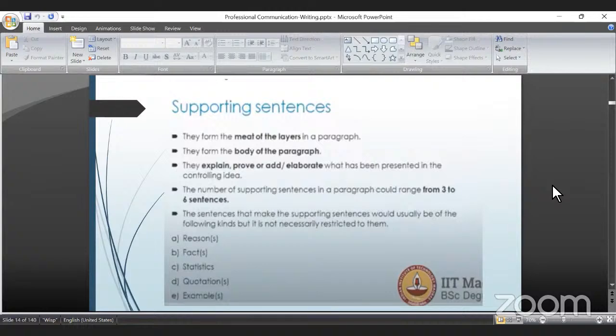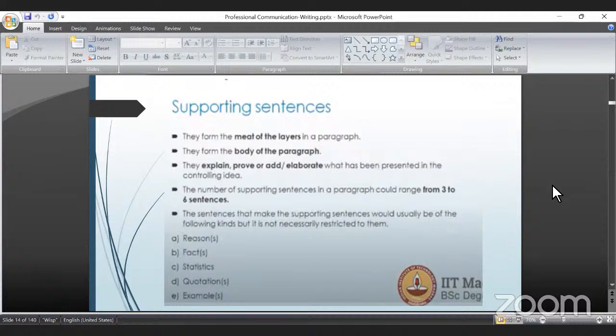How many supporting sentences can you write? It depends. If it's a short paragraph, somewhere between 3 to 4 sentences works. But on an average, it can include 3 to 6 sentences. Anything more than that may become too chunky, too long for proper comprehension, right? So 3 to 6 sentences in a paragraph should be okay.